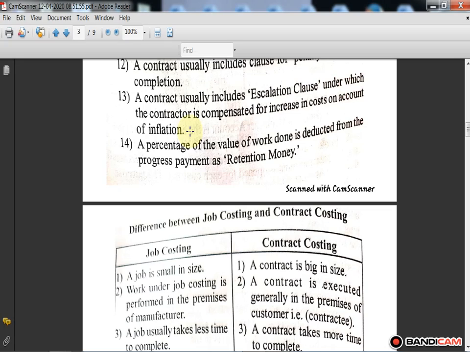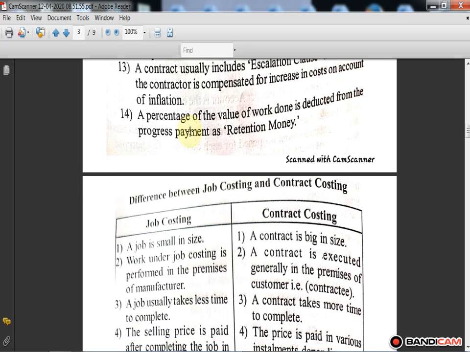An escalation clause means the clause which is included in the contract for compensation of the contractor for increase in the cost of the contract due to inflation.